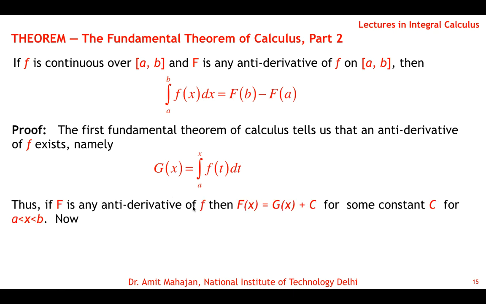So if F is any antiderivative of f, then capital F(x) must be equal to G(x) plus C for some constant C, for x in the interval (a, b). This result we have already done in differential calculus. If you do not remember, you can go back to the previous lectures in differential calculus where we proved that two such functions satisfy this relation.